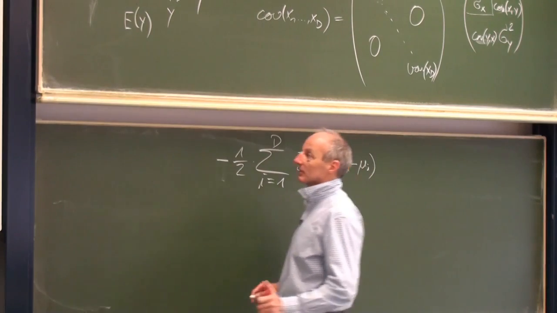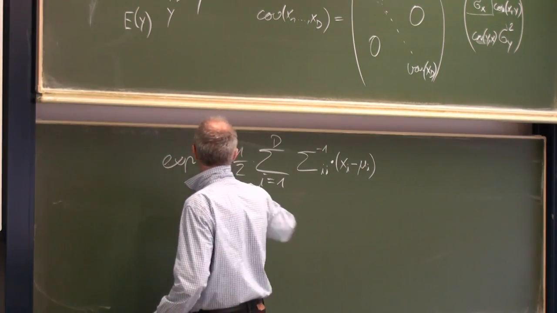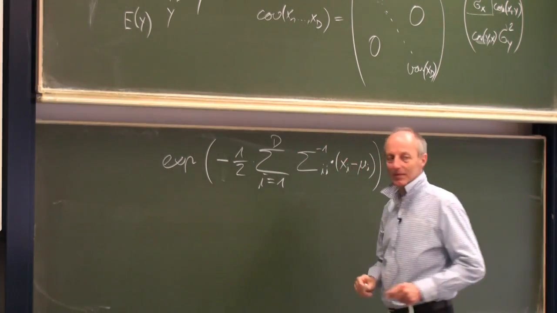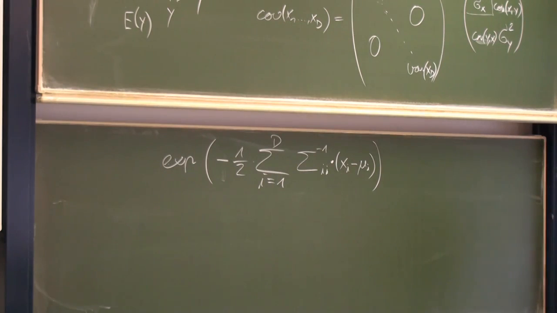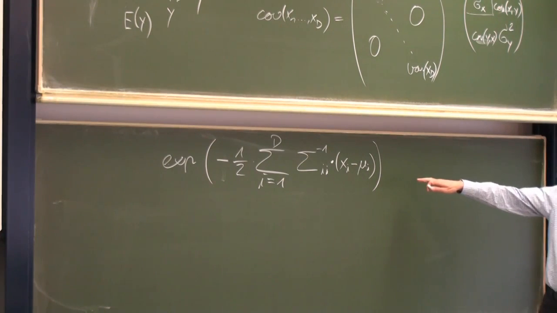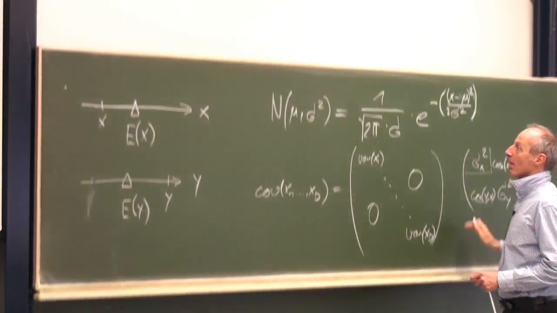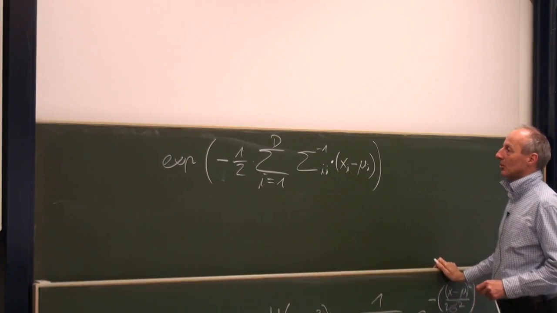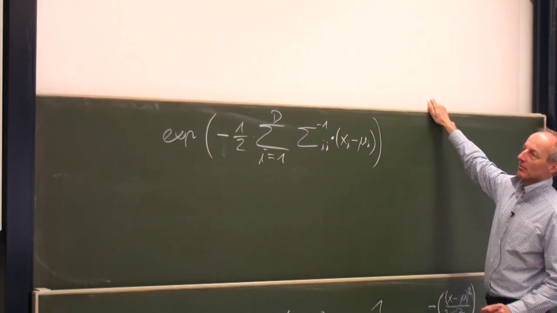And now let's write the whole thing. So we get exp of this. And now, I mean, this can be simplified very much, because now we have, oh, there is something missing.